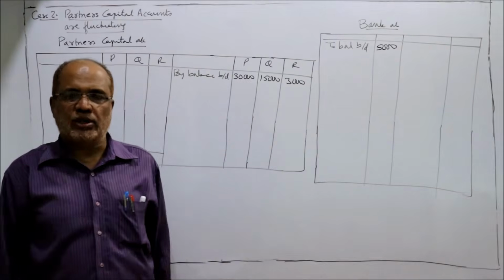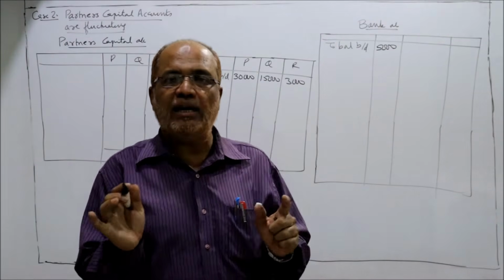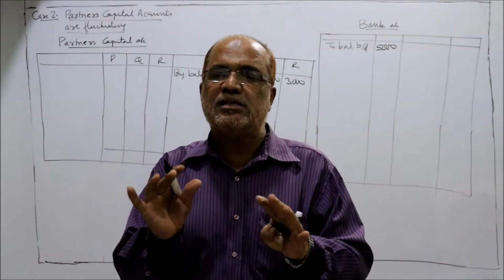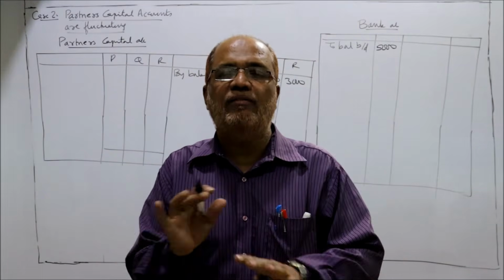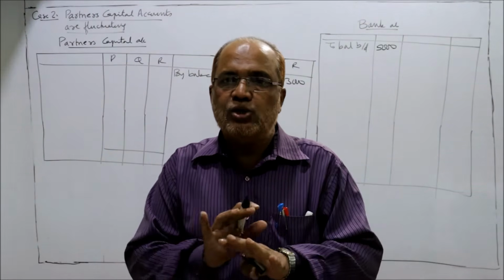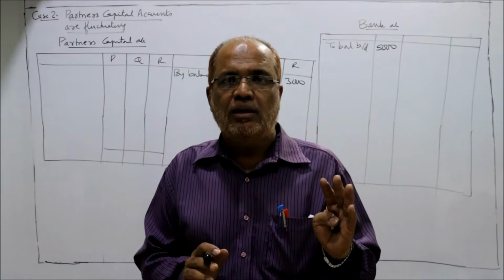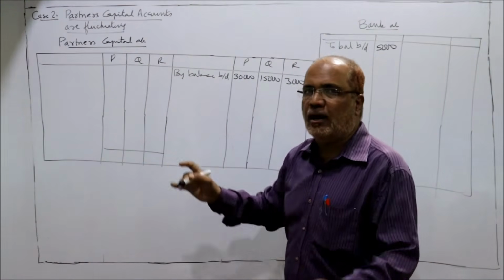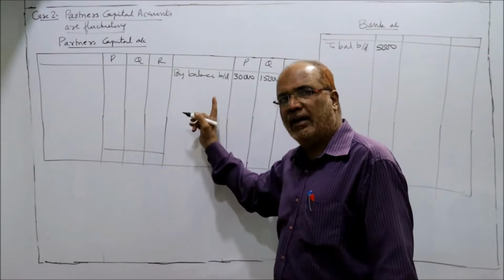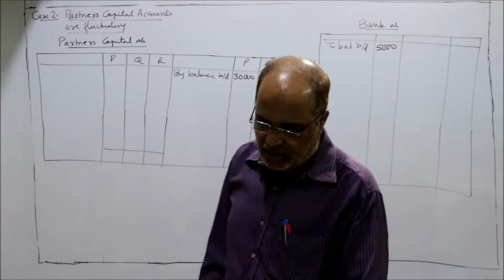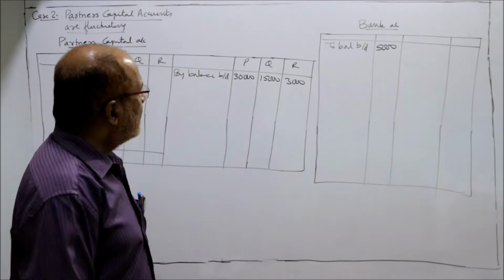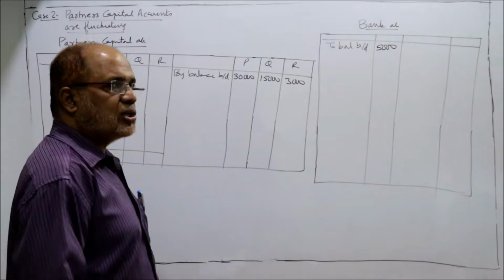Now we start posting. In the fluctuating capital method, all adjustments are made in the capital account only. We don't have any current account. There is no headache of current account. Here only one capital account is there and all adjustments will be made in the capital account itself, right? So balance we have taken. Now realization loss.